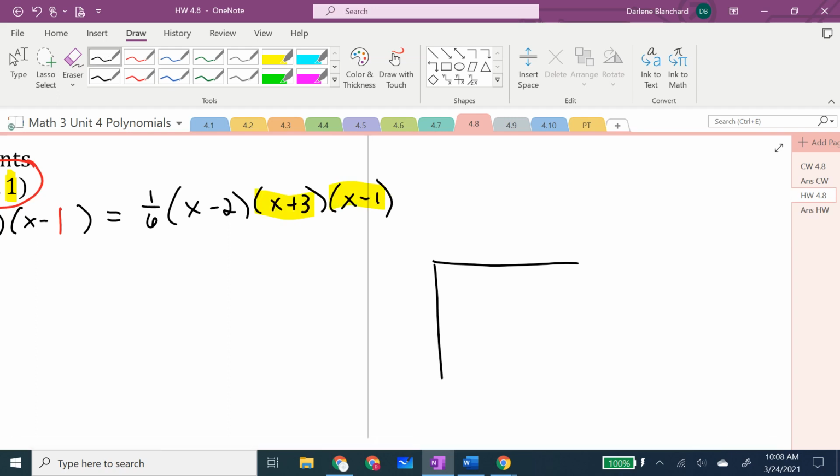I don't know if that's what I did in the answers, but just know that you don't have to multiply in the same order as I have on the answer key, but you can only pick 2 at a time. And my advice is wait on this 1/6 and multiply it through at the very end.